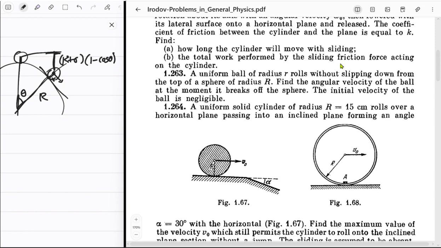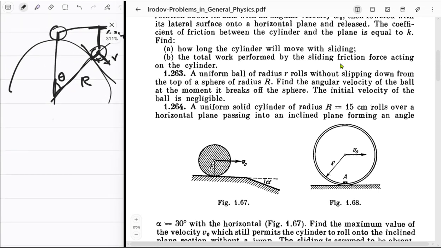So v equals omega r for this thing. It's hard to actually explain this, but that's the idea.